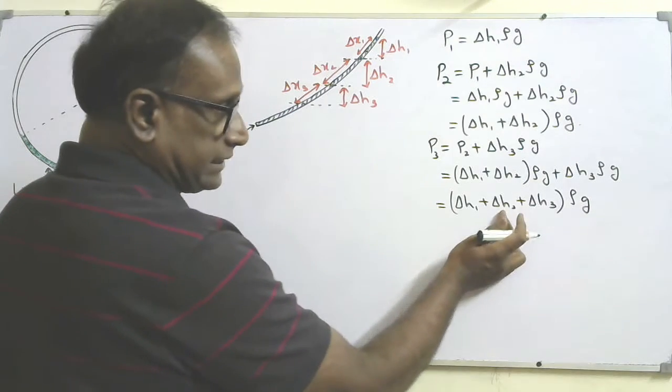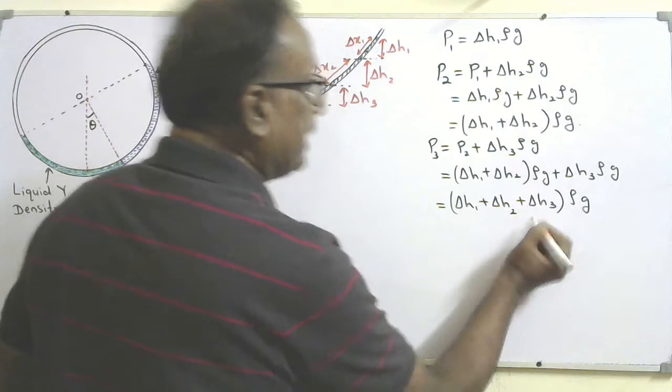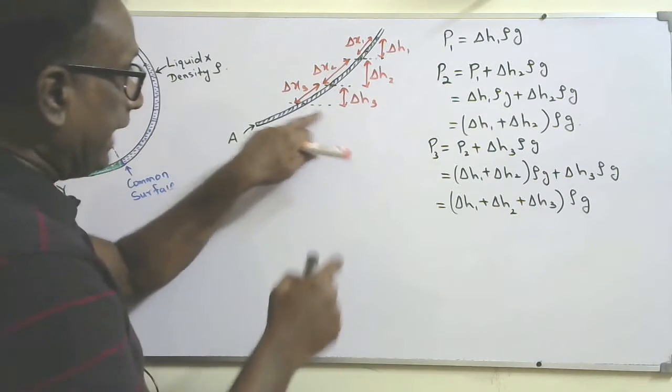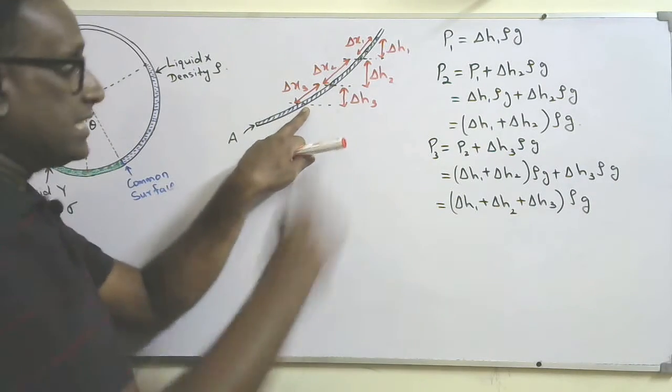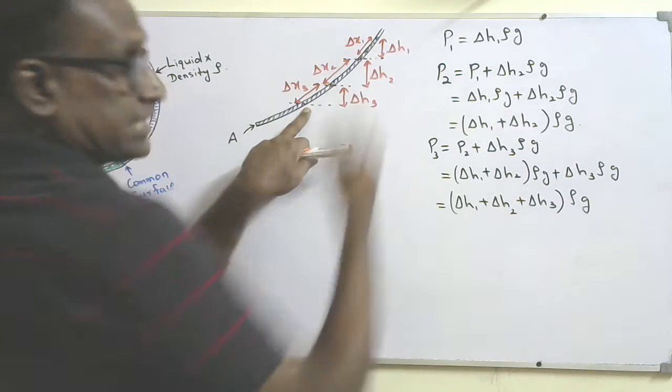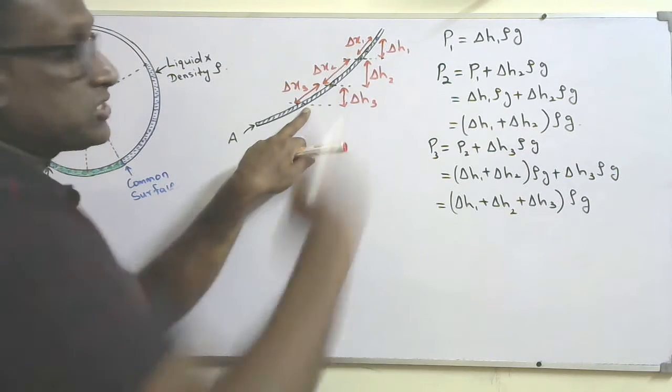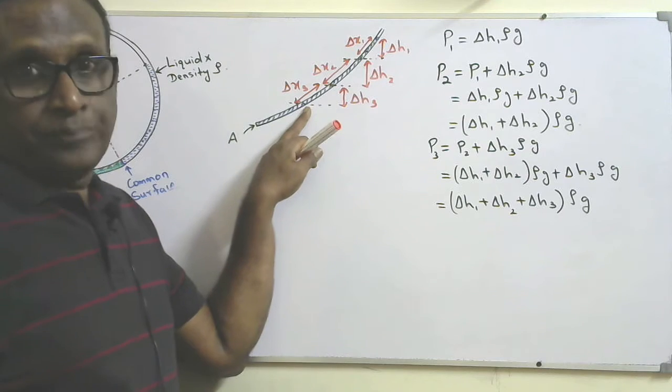Delta H1 plus delta H2 plus delta H3 is the total vertical height above this surface up to the most top surface of the liquid column.